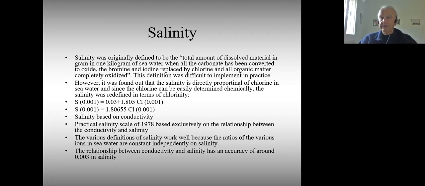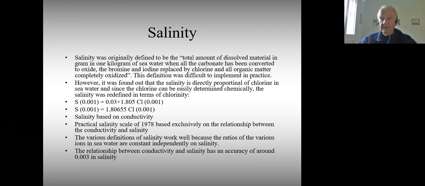And here is also the definition of the salinity, which is defined as the total amount of dissolved material in grams in 1 kilogram of seawater, when all the carbonate has been converted to oxide, the bromine and the iodine replaced by the chlorine, and all organic matter completely oxidized.